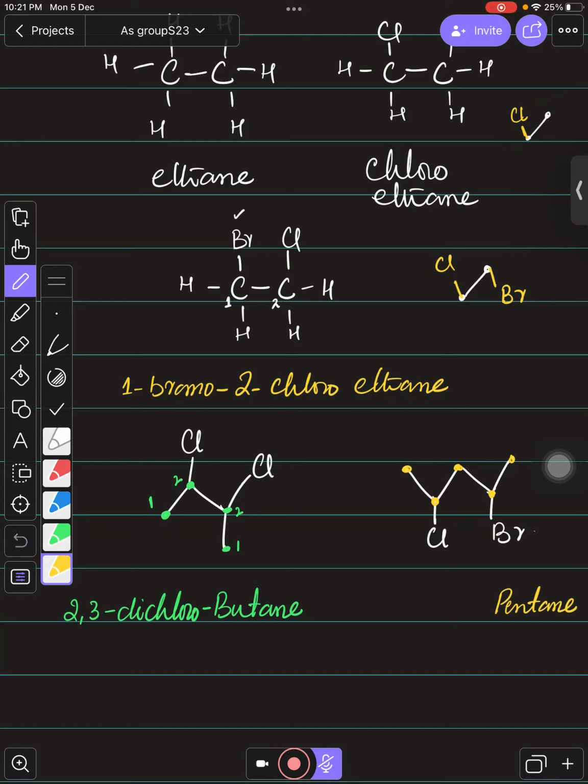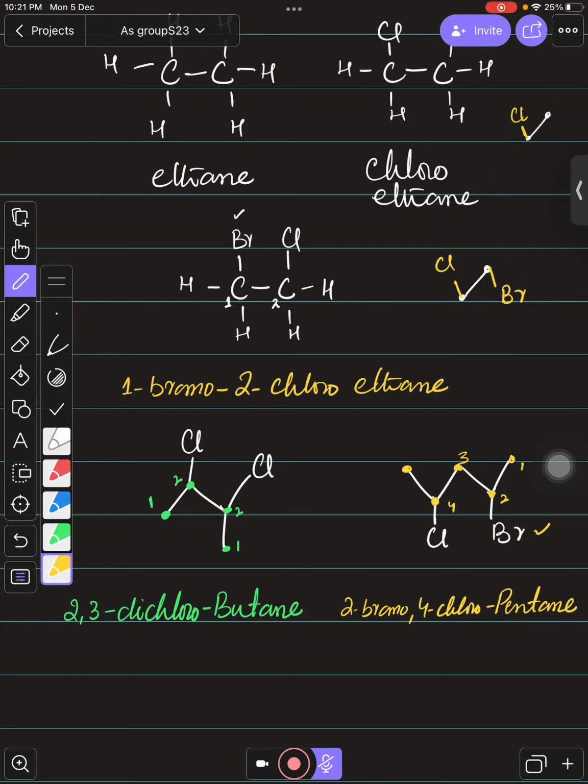You can see this bromine is near from here, so you start from 1, 2, 3, 4. So it is 2-bromo-4-chloropentane. Am I clear, every one of you? Yes, everyone, sir. Is that clear?